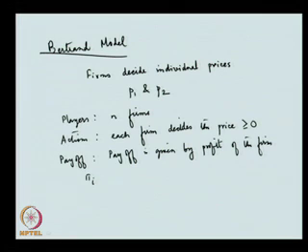Okay, so let us say pi i is a function of P1 and P2, and it is given by the following: pi i equals Pi Qi minus C Qi.